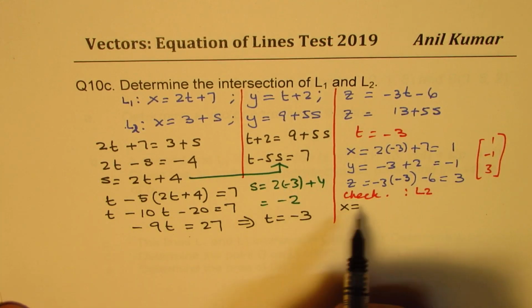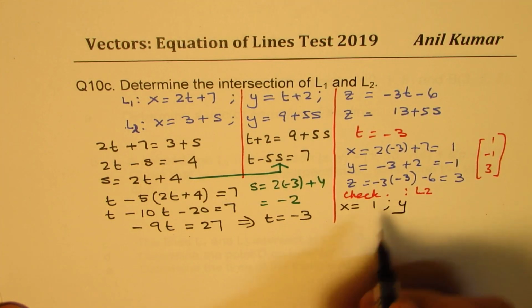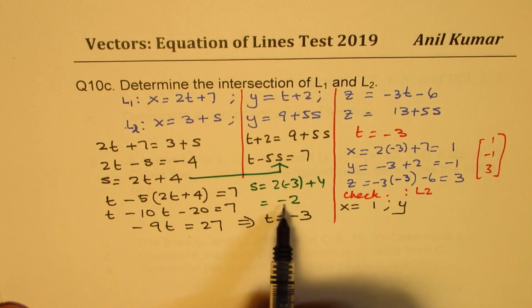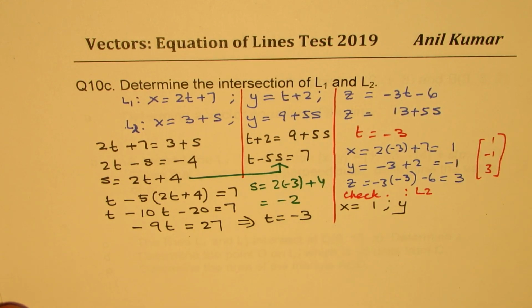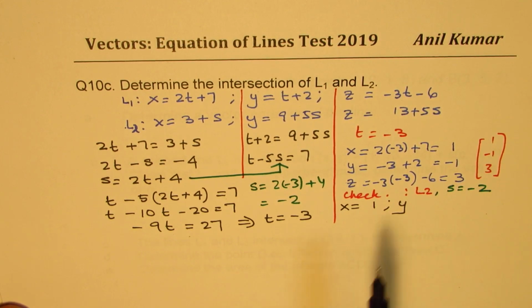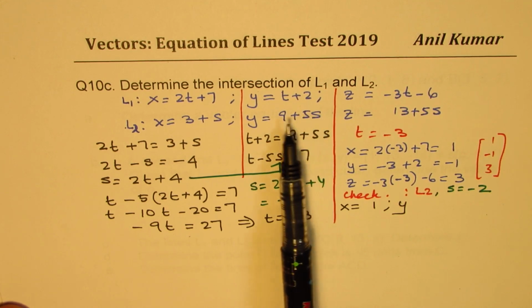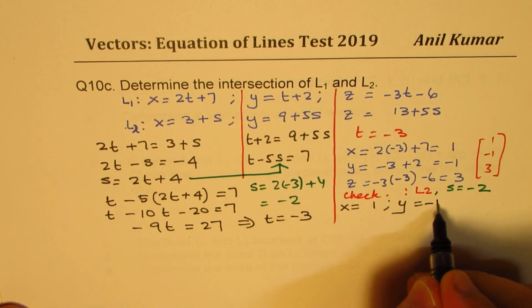So the x value will be 3 minus 2, which is 1. For the y value, I'm directly substituting s equals minus 2 into line 2. When I substitute 5 times minus 2, we get minus 10, and 9 minus 10 is minus 1.